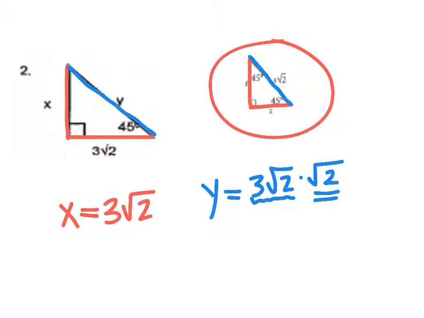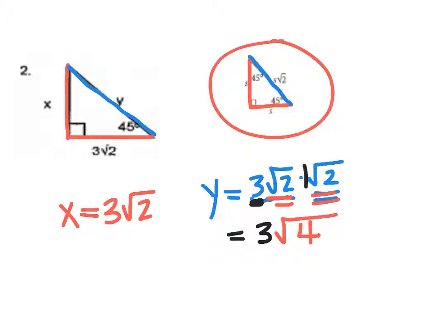When you multiply square roots, you multiply the coefficients together. So I'm going to multiply 3 and 1. 3 times 1 is 3. And then you multiply your square roots together. So I'm going to multiply 2 and 2 and get 4.